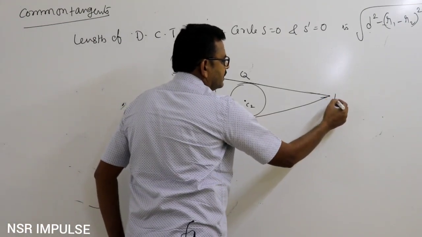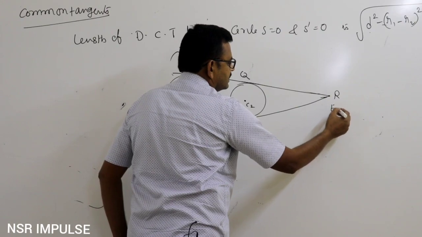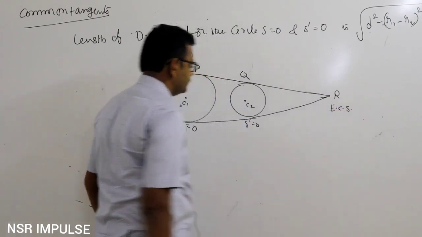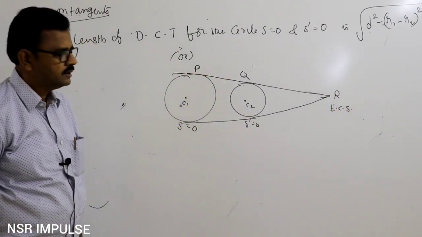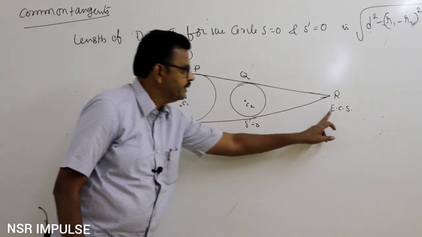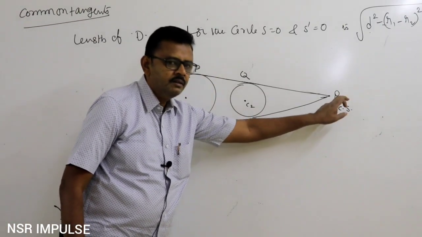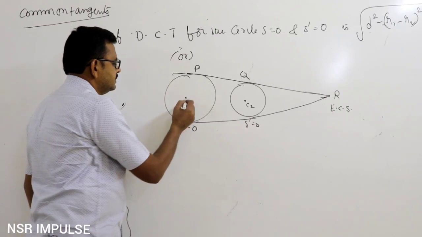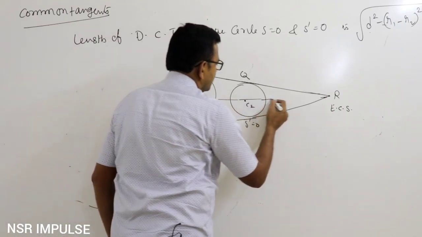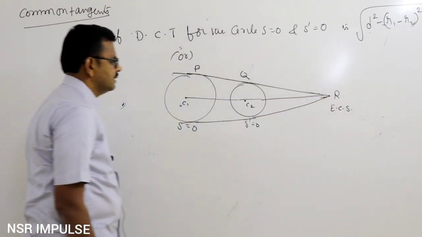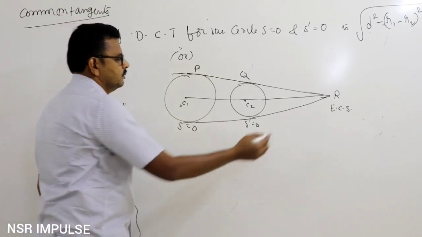First of all, find the point R, the external center of similitude. How do we find the external center of similitude? It divides C1C2 in the ratio R1 to R2 externally. So this is the point.